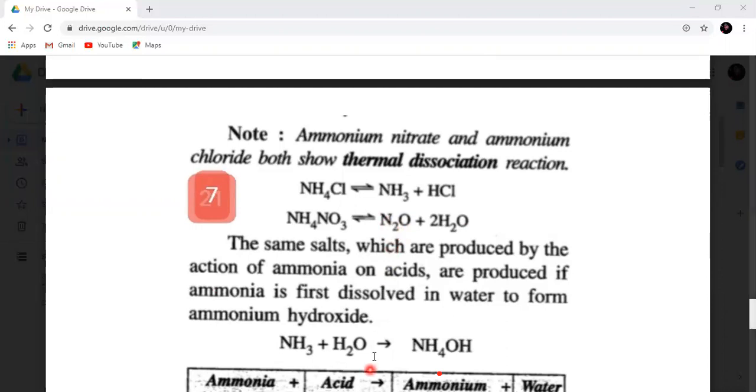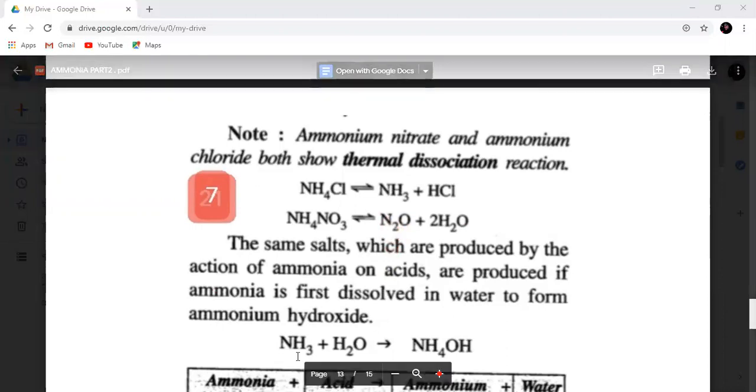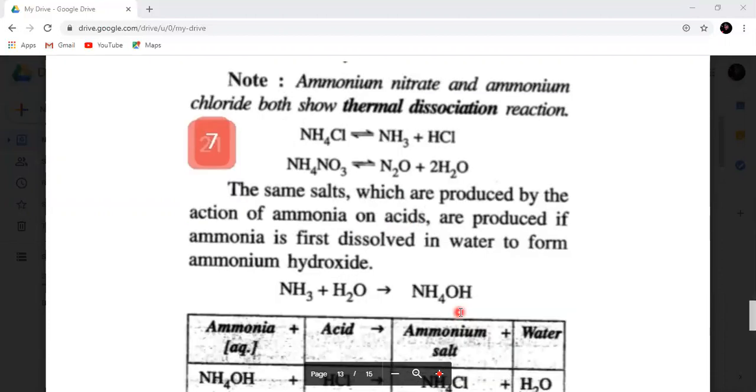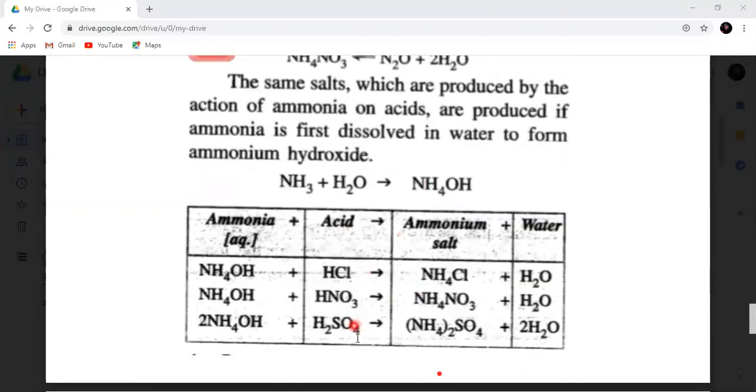Here, ammonia when treated with water, generally you know, is ammonium hydroxide. And that ammonium hydroxide, when treated with different types of acids like HCl, HNO3, sulfuric acid, forms different types of ammonium salts like ammonium chloride, ammonium nitrate, ammonium sulfate, with water.